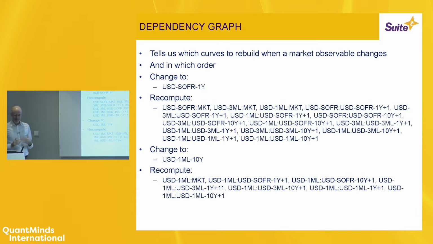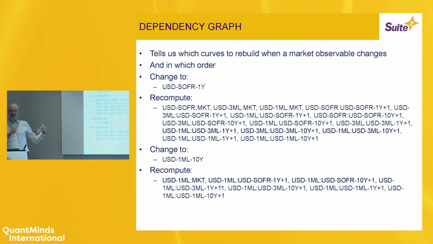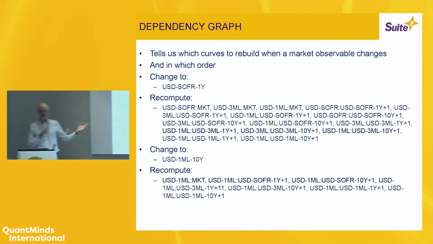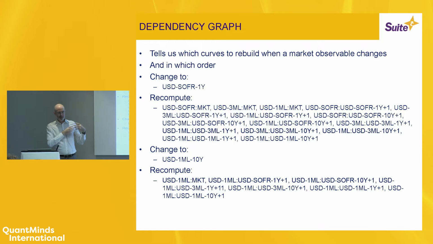So the dependency graph tells us which curves we need to rebuild whenever something that we can observe in the market changes. And it tells us in which order we need to rebuild them. Now, in fact, what it really tells us is a valid order. There are obviously many valid orders, and we don't care for our purposes which valid order, because the tree can be traversed in many ways.